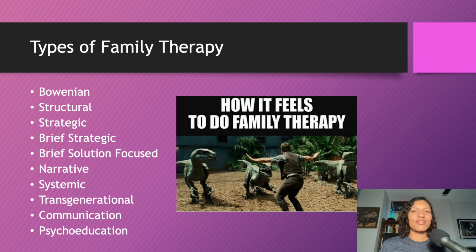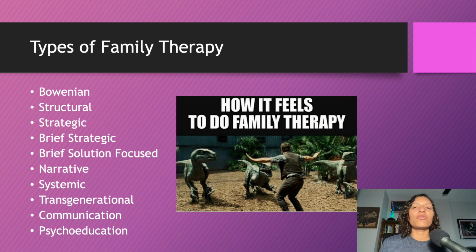So I think I started this semester at some point early on with saying there are over 400 different therapy types out there. And of course, there are more therapy approaches being developed continuously. And so you can see here on the slide that there are several different types of family therapy specifically that we could talk about. I won't go into depth on these because each one of these could become a several day workshop.